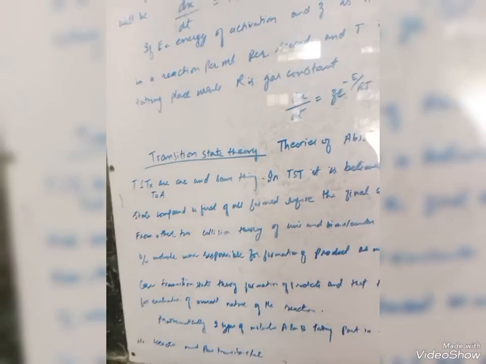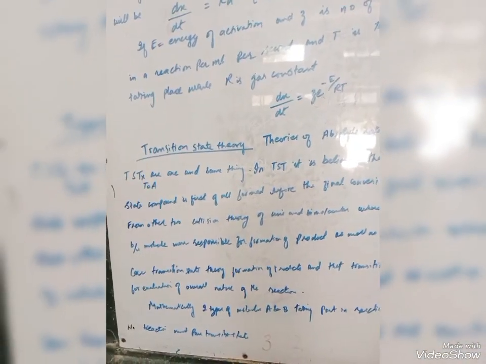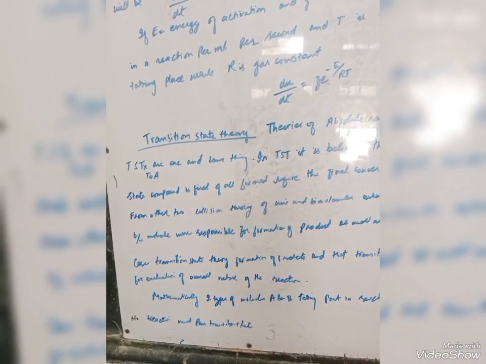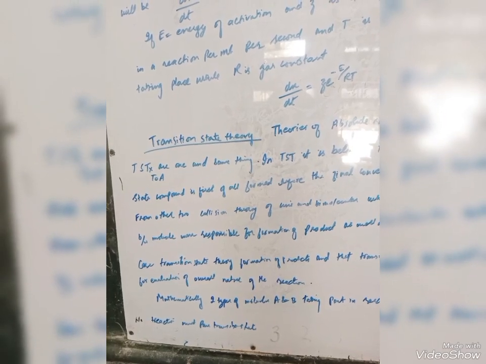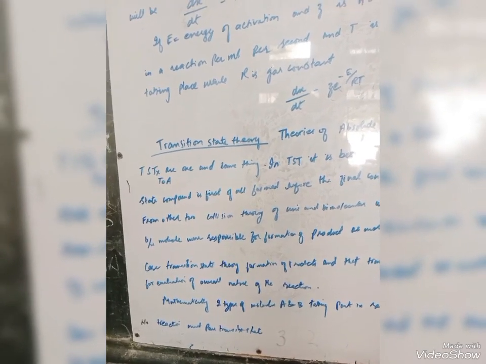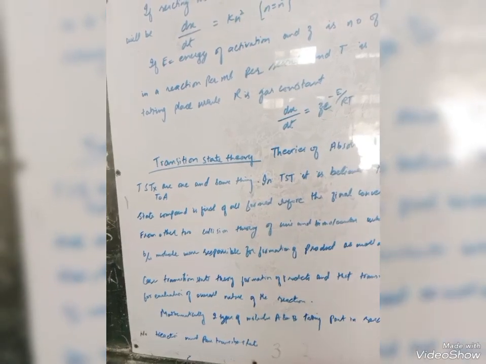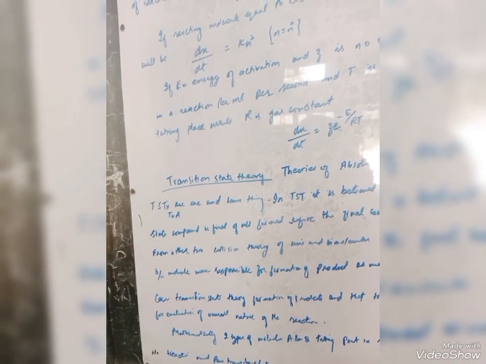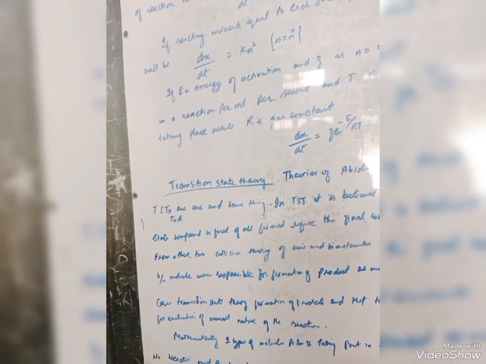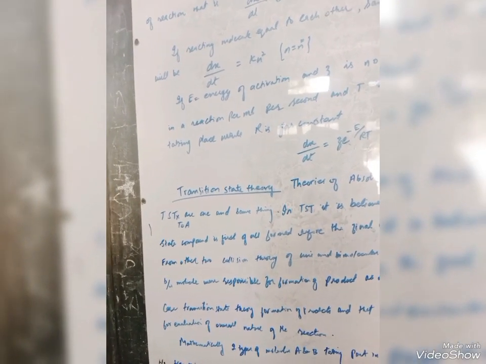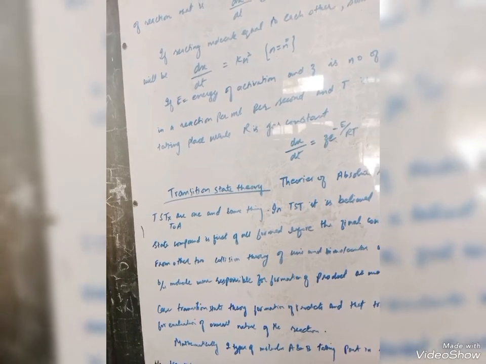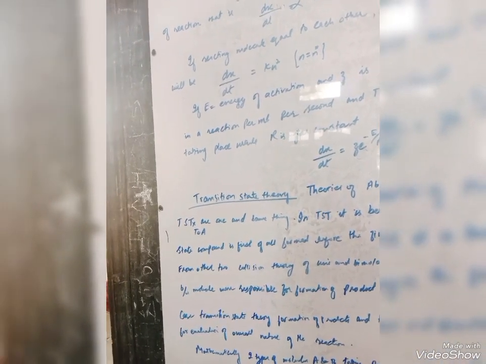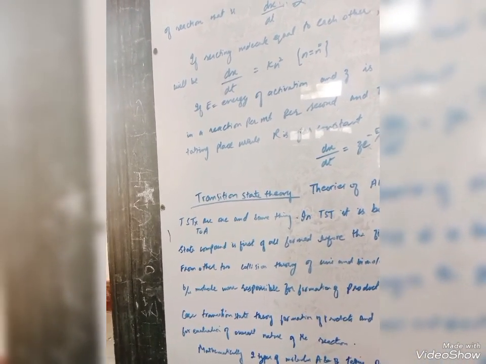This differs from the other two theories, the collision theories of unimolecular and bimolecular reactions, where the basic concept was that collisions between the molecules were responsible for the formation of a product as well as the rate of a reaction. But in this case, a pre-reaction step is involved for the formation of product, and that transition state must be taken into account for the evaluation of the overall nature of the reaction as well as the order of a reaction.